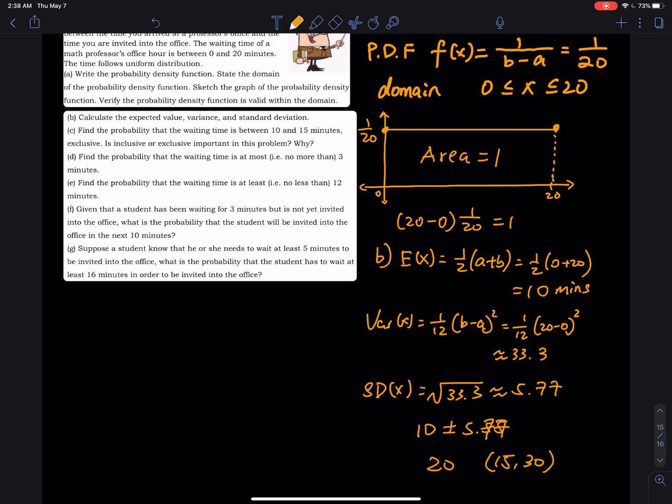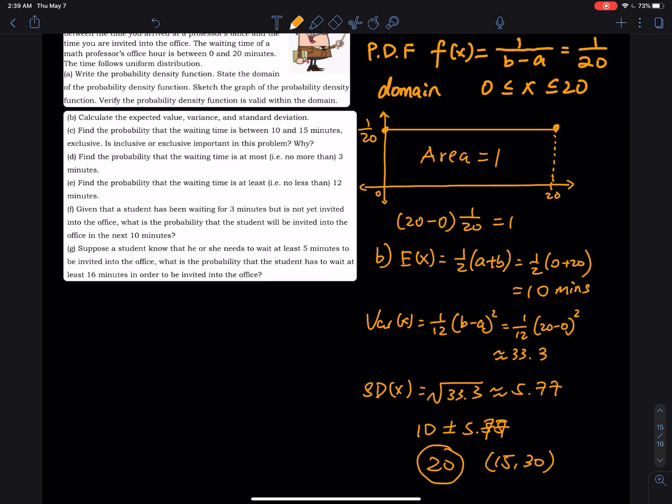So the 20 is a point estimate. You are using one number to estimate another number. The 15 comma 30 is an interval estimate. You want to make your answer more flexible. So if you are applying for a job, I won't say I pay you exactly $20 per hour. I don't say that in the job description. I will say that on average, I pay $15 to $30 depending on your experience, because I want to make myself flexible. All right, so that's the reason for using an interval.